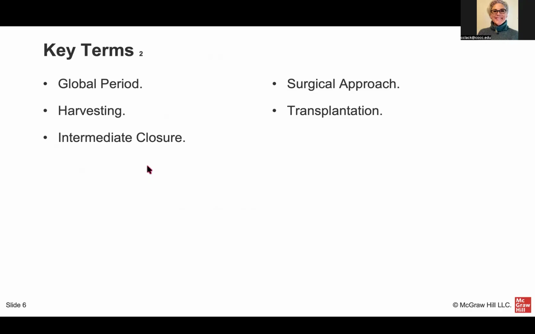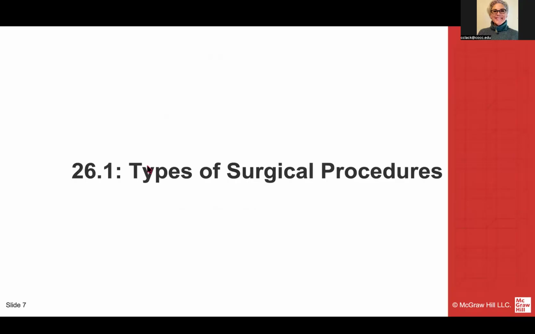The global period is the window of time surrounding a surgical procedure during which certain services are considered bundled into the surgical code, meaning they're not separately billable. If you don't understand the global period, you risk either undercoding or even worse, upcoding and creating a compliance risk. And you don't want to even touch that with a 10-foot pole. So we're going to look at this in greater detail shortly.